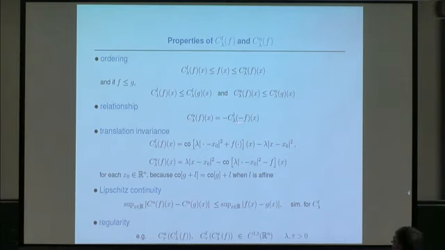There's another useful property which is called translation invariance, which means you can change the center of the weight to any point. Then you do the convex envelope. Then you just release it by using this difference.